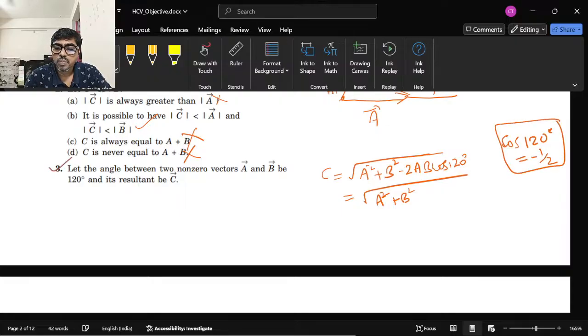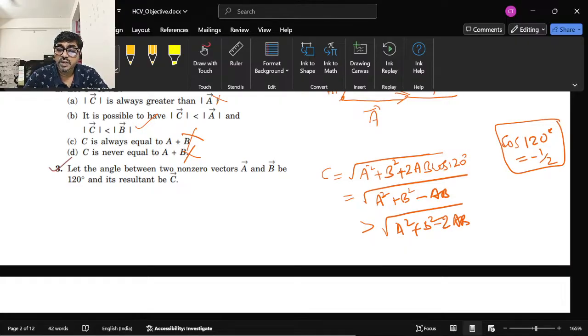Why did I put plus here? Because I was thinking about the minus that you might be getting. So cos 120 is minus 1 by 2 and this is 2, you will get minus AB. So C is greater than square root of A squared plus B squared minus 2AB.